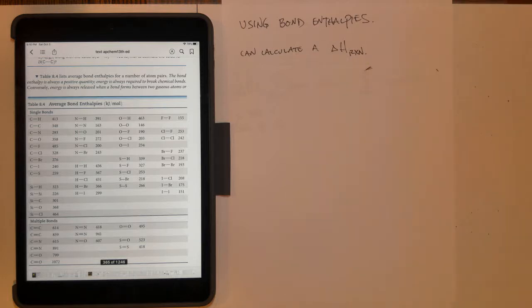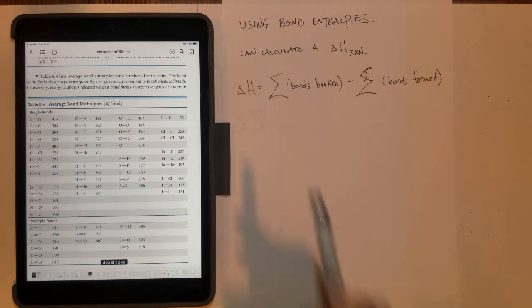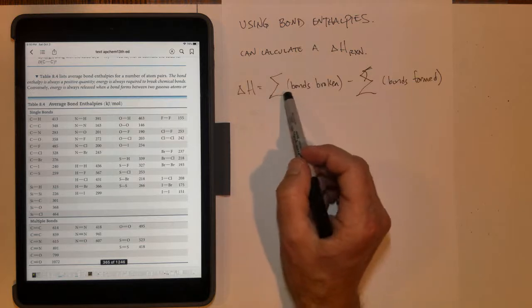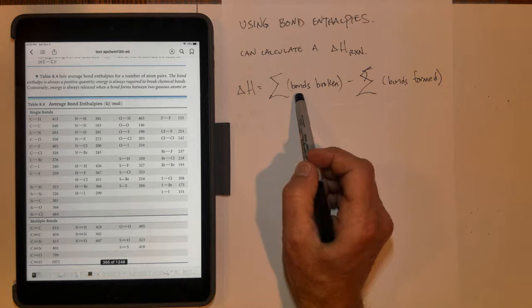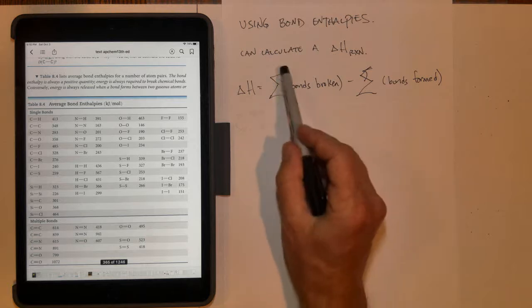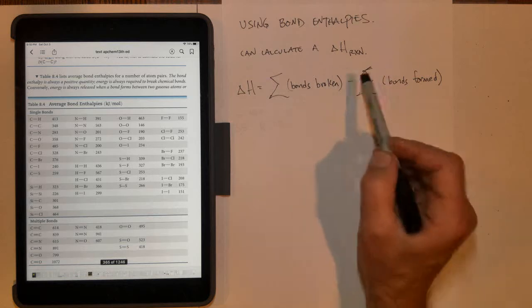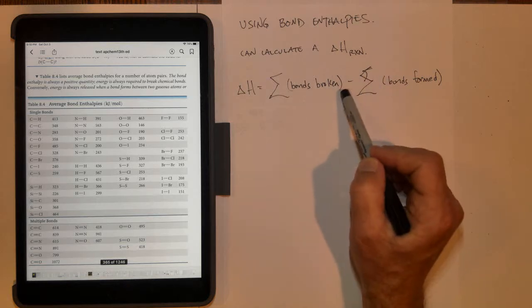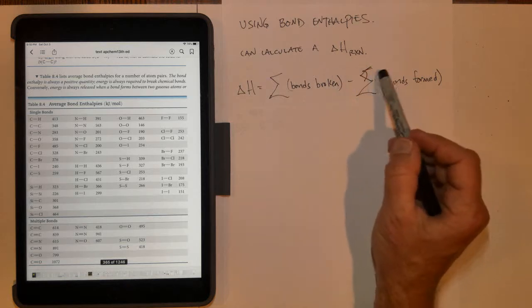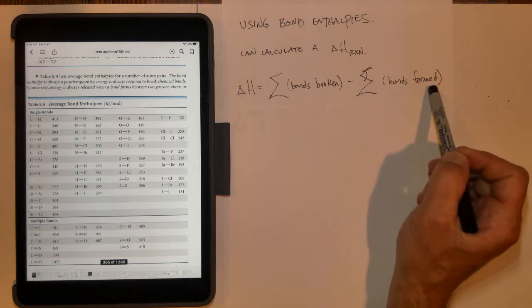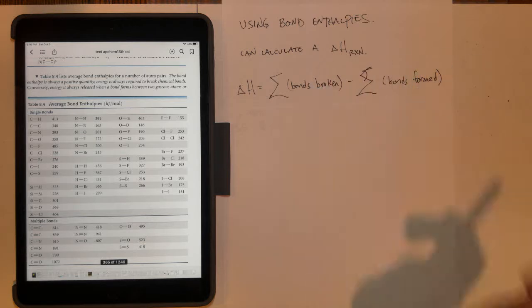The way we do that is through this equation. The enthalpy of reaction is approximately equal to the summation of the average bond enthalpies that are broken. This is the summation sign, by the way. It means add them all together, minus the summation of the bonds that are formed. So bonds broken minus bonds formed. That's usually the reactants minus the products.